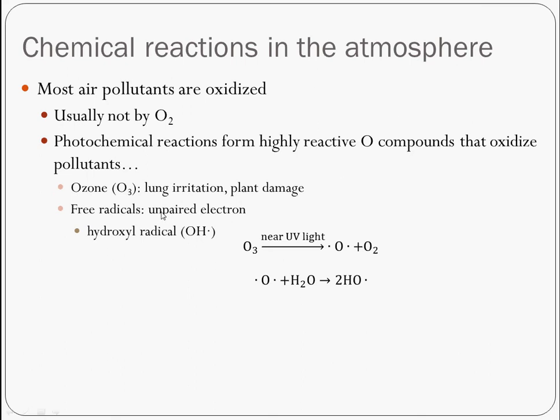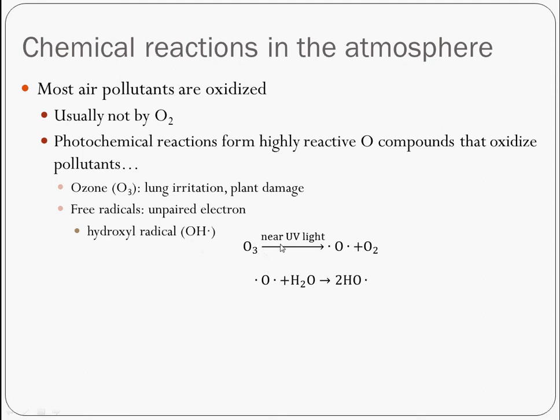Free radicals are compounds that have an unpaired electron, which you usually see represented as the atoms contained in the compound with a little dot after it. So this is a hydroxyl radical, and this nicely illustrates what ozone can do in the troposphere by creating a free radical. So here's ozone.